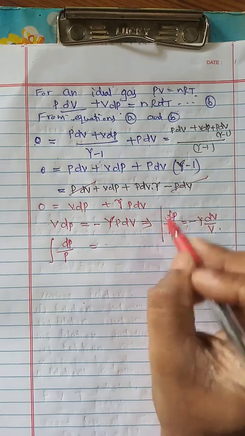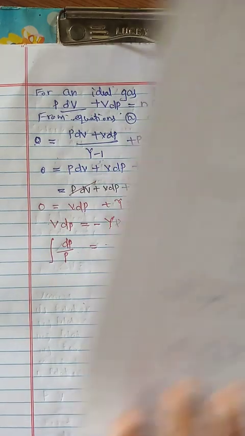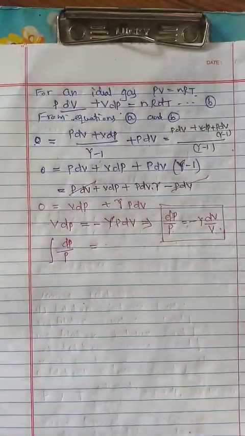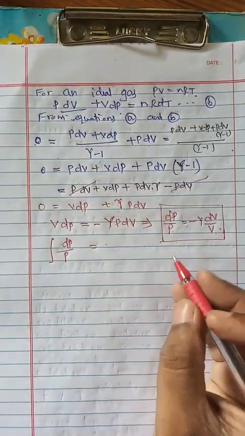This is the equation we got, and we are approaching our ultimate relation between P and V. Let us proceed.